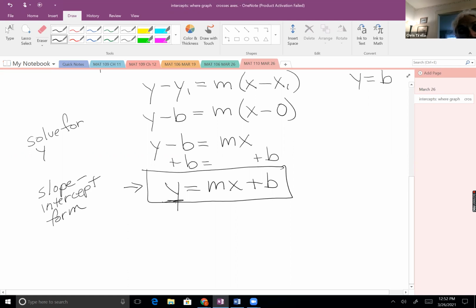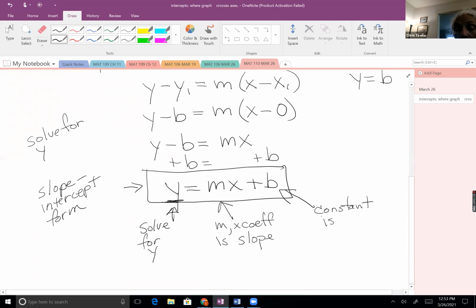And so in my equation, if it's solved for y, it always turns out that m, the x coefficient, is the slope, and b, the constant term, is the y-intercept.